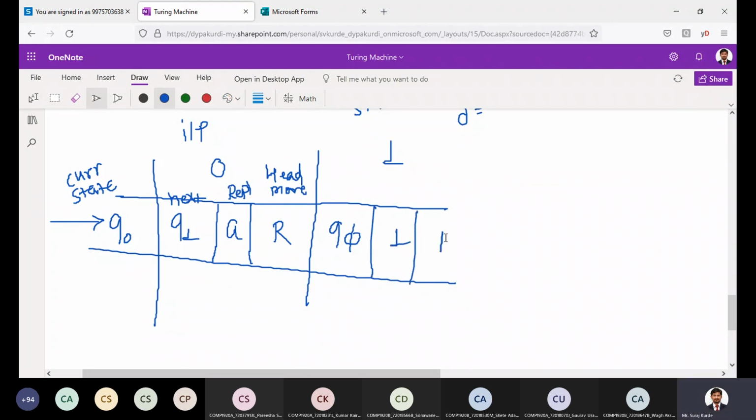Keep 1 as it is, head neutral, because initially it should not be 1. It cannot have a structure like this. So this way you have to write the transition table. Clear? Any doubt?